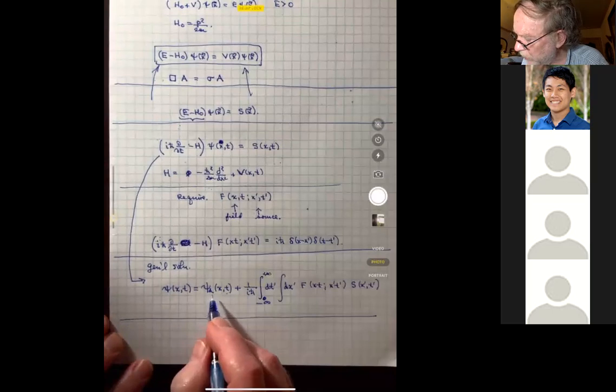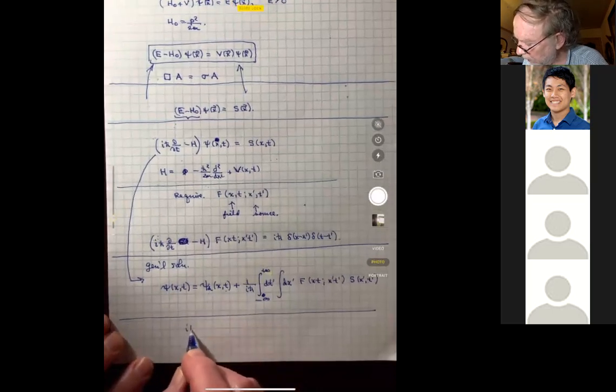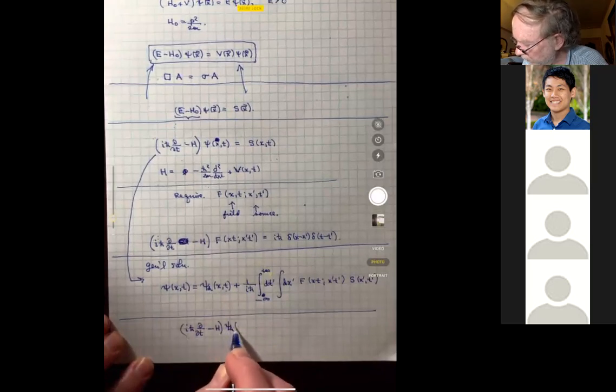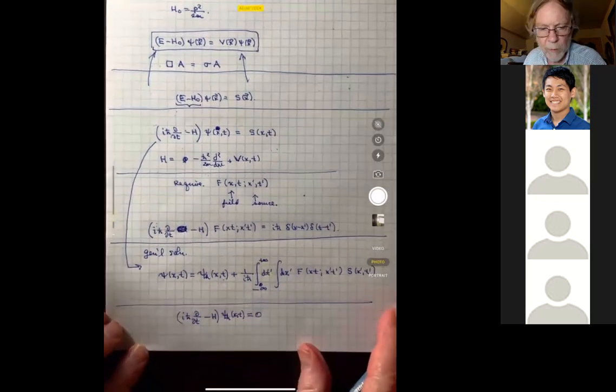Here psi h satisfies iħ d/dt minus the Hamiltonian on psi h of x and t equals 0, the solution to the homogeneous equation.